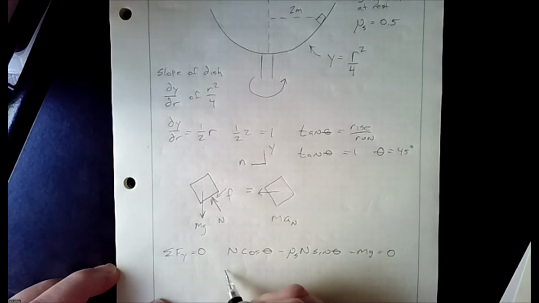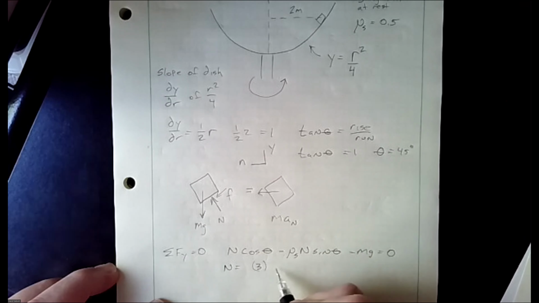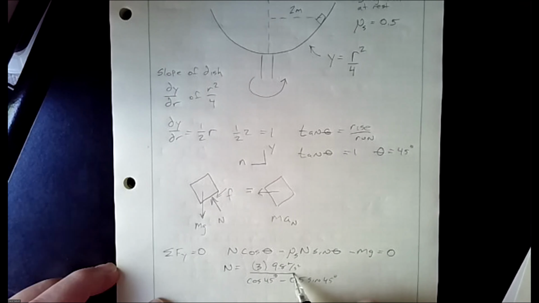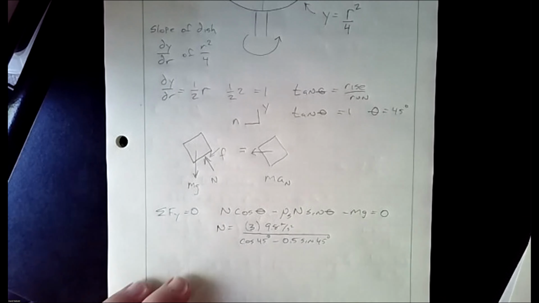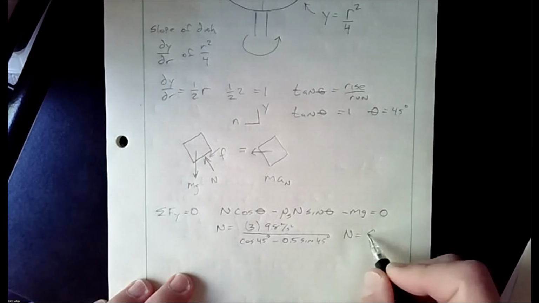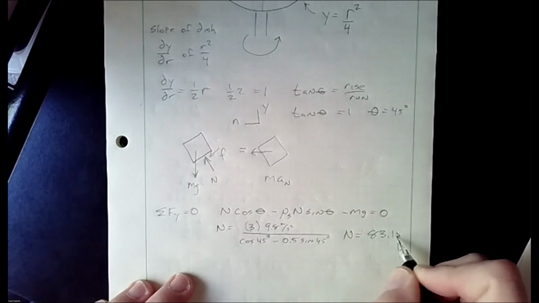So essentially n gives us 3 times 9.8, kilograms times meters per second squared, all divided by cosine 45, which is square root of 2 over 2, minus 0.5 sine 45, right? And then n is going to give me a value of about 83.15 newtons.